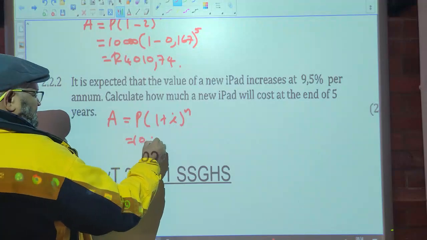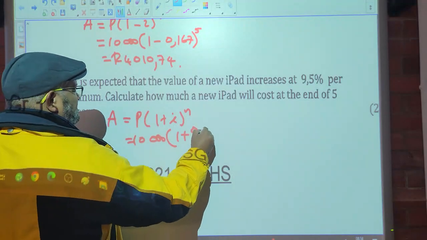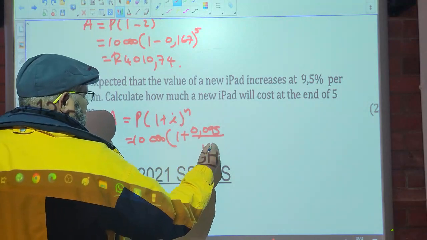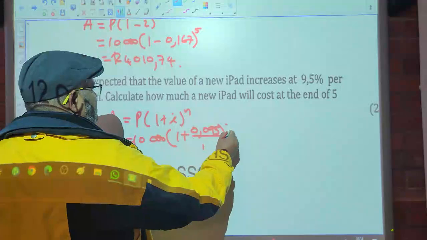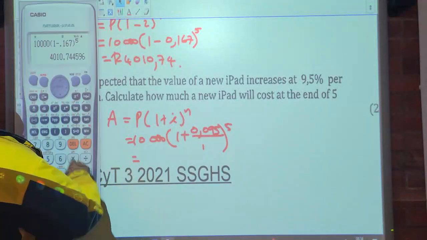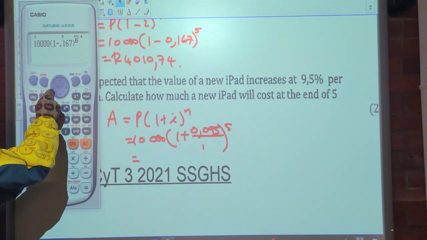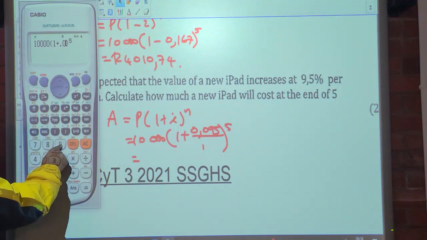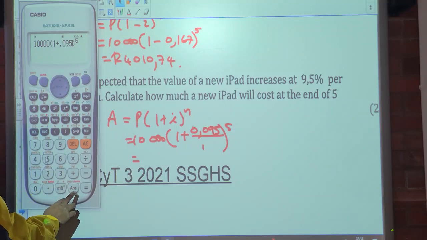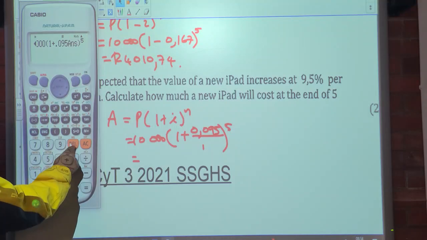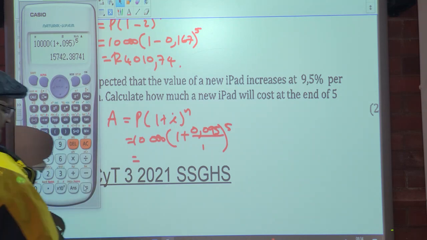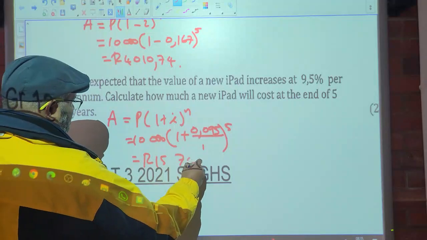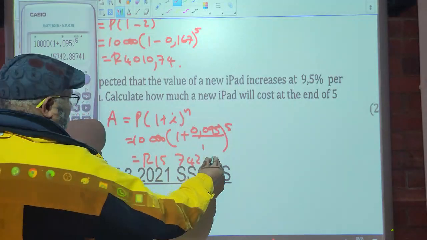So it's going to give you 10,000 into (1 plus 0,095) to the exponent 5. That gives you 15,742 rand and 39 cents.